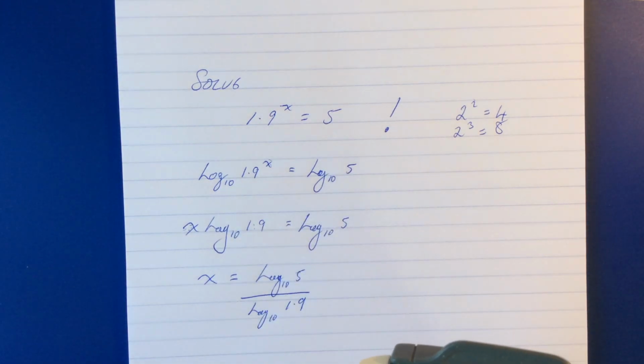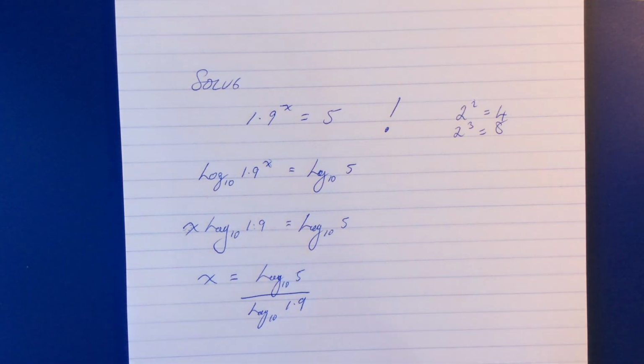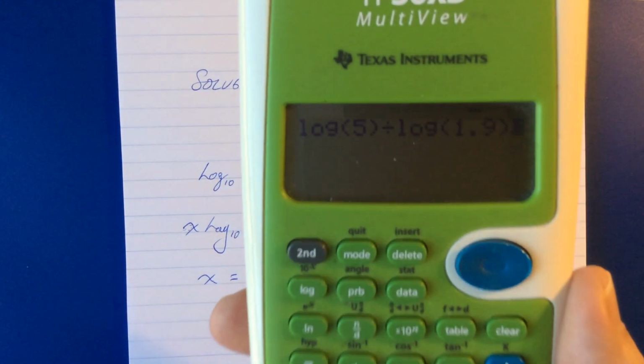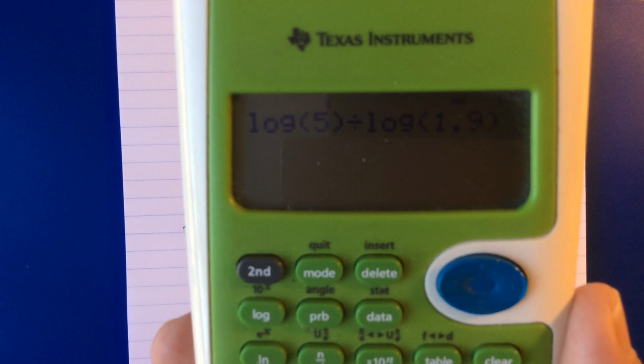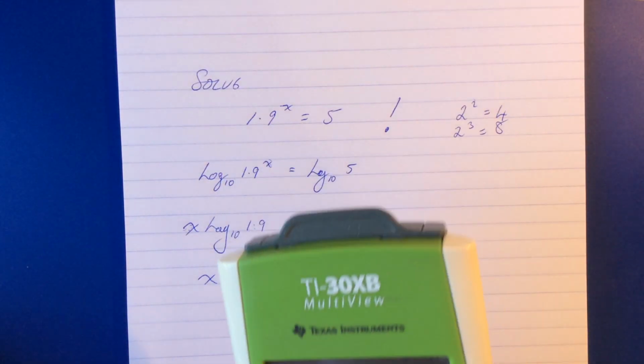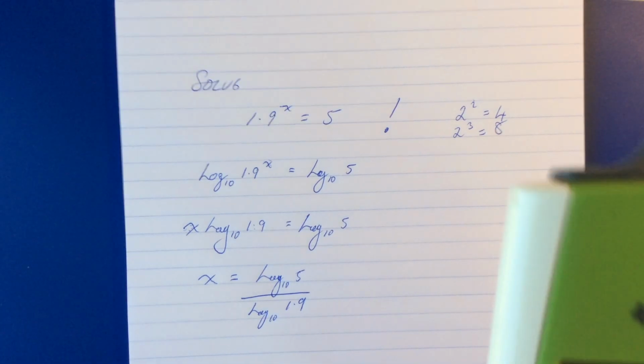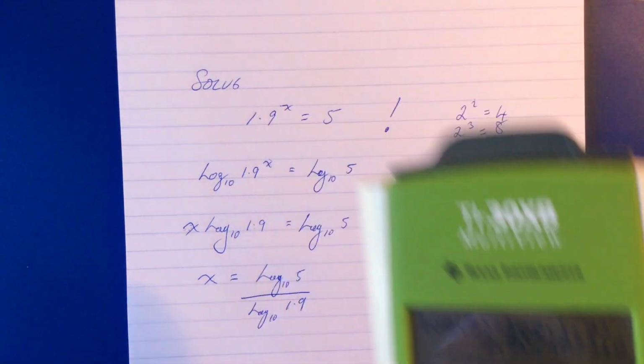And what we're going to do is set it up just as on the page, log 1.9. So that's what we've got, and that's our answer, 2.5075.